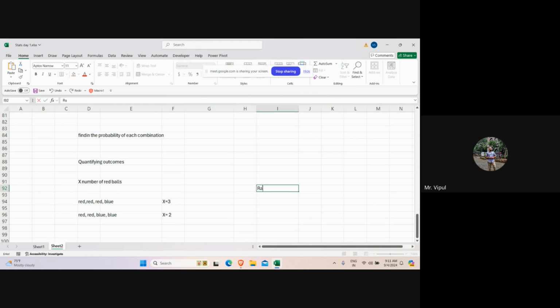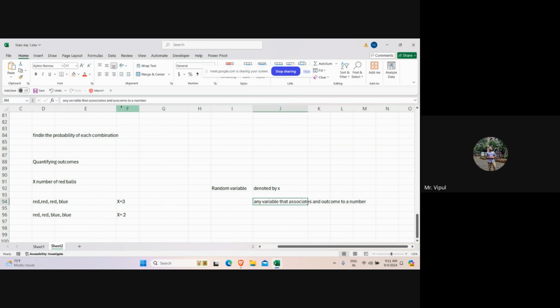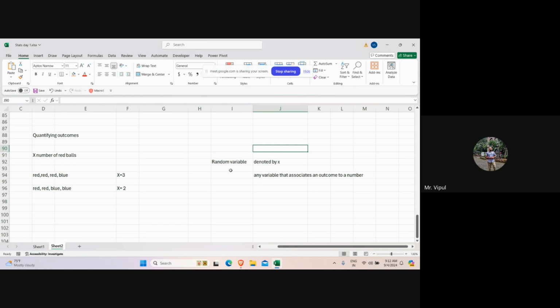It is denoted by X, and it associates an outcome to a number. So it can be anything: X can be 0, 1, 2, 3 or 4, right? So this is the definition of a random variable.